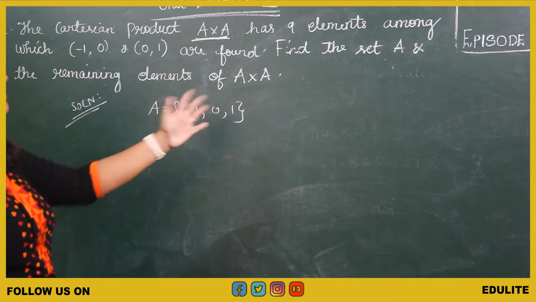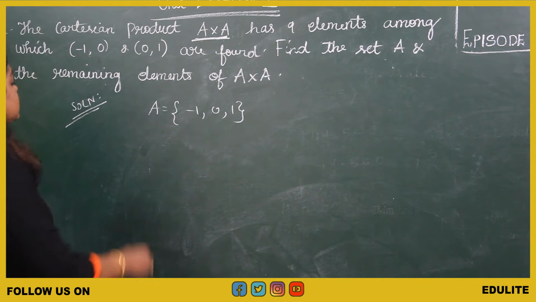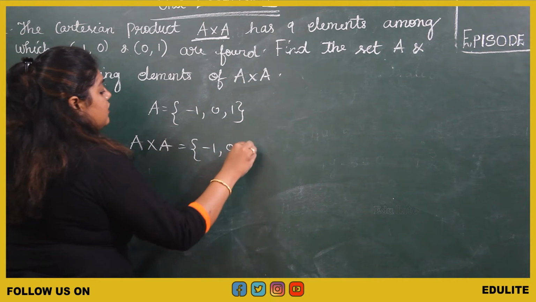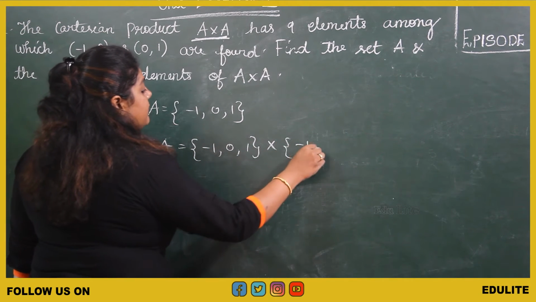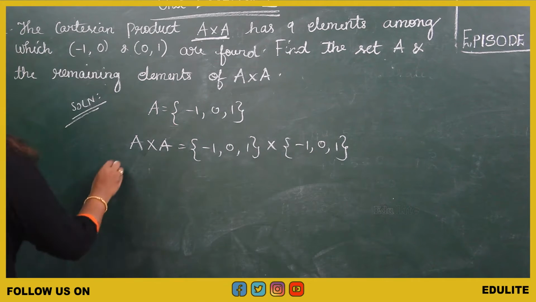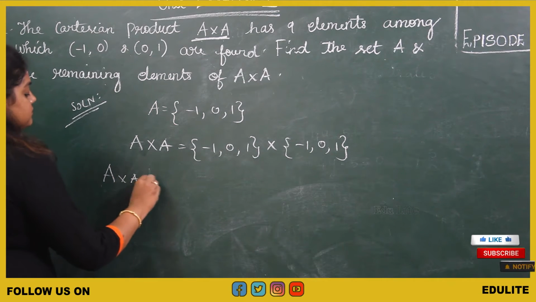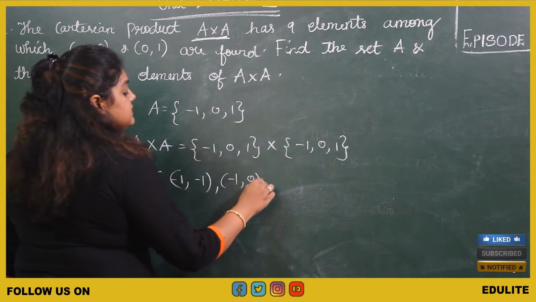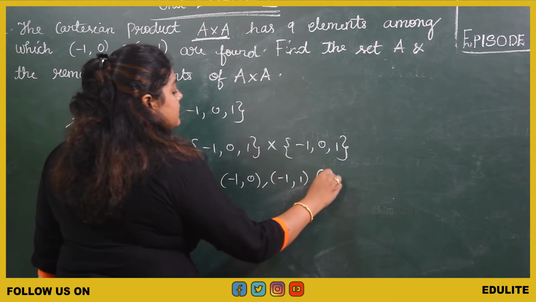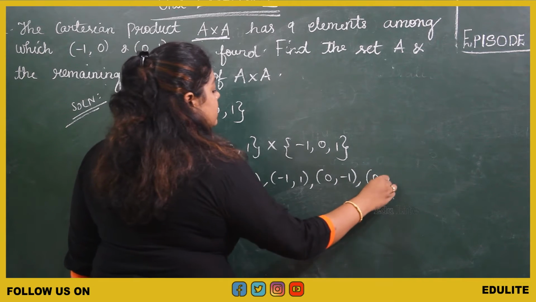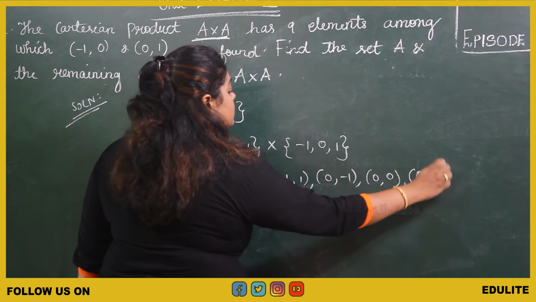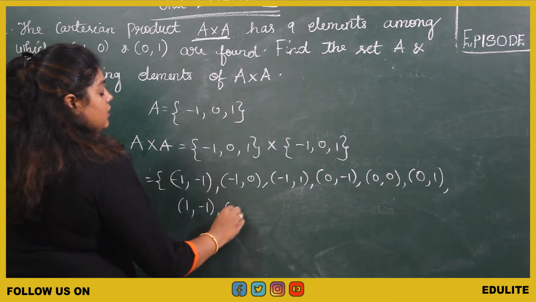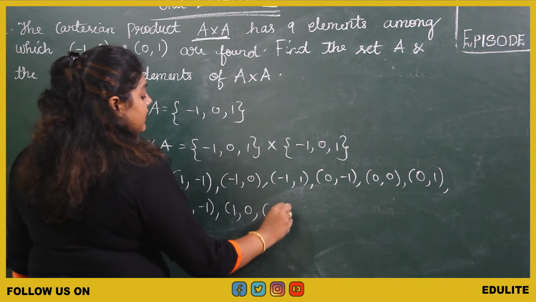If we cross product A with A, we will find the remaining elements. A cross A is minus 1, 0, 1 crossed with minus 1, 0, 1. A cross A equals (minus 1, minus 1), (minus 1, 0), (minus 1, 1), (0, minus 1), (0, 0), (0, 1), (1, minus 1), (1, 0), (1, 1).